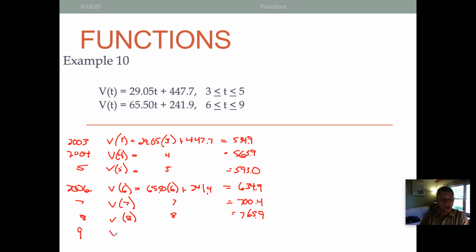All right, V of 9 is 65.50 times 9 plus 241.9, and that's going to give us 831,400 vehicles. So that's example number 10. Again, in this case, it's just a lot of arithmetic.